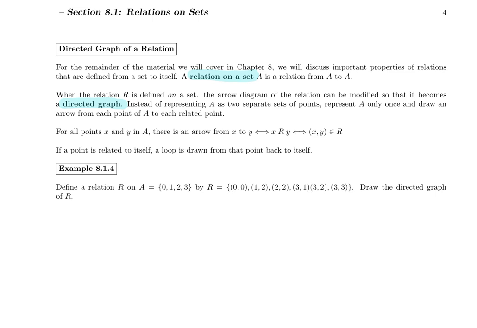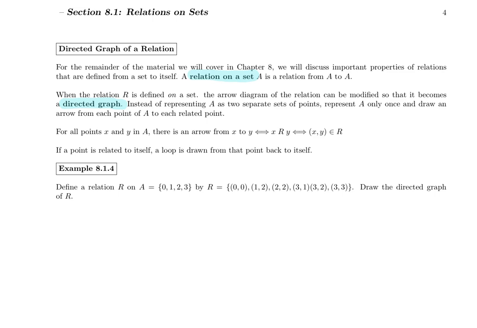For all points x and y in A, there is an arrow from x to y if and only if x is related to y by R, which means, again, if and only if the ordered pair (x, y) is in the relation R. If there is a point that is related to itself, a loop is drawn from that point back to itself. So let's look at a pretty basic example of what this would look like.